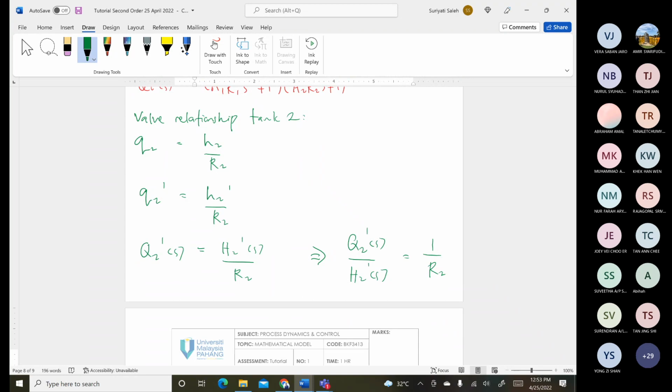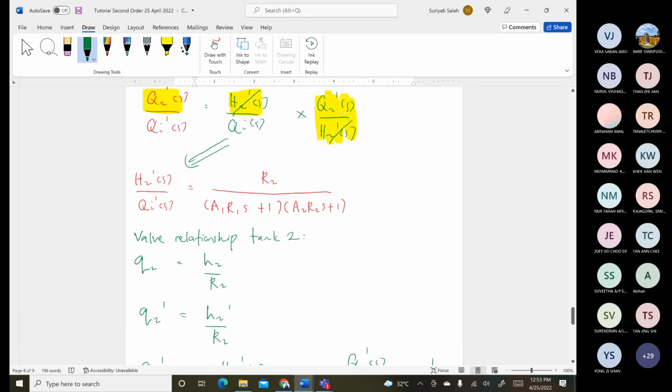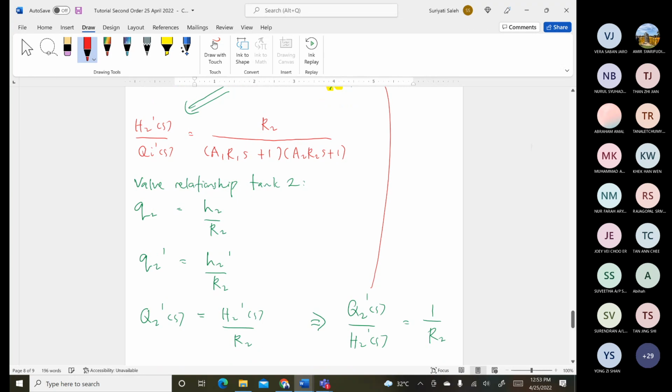So this is the valve relationship for the second tank. So once we obtain that, of course, we can substitute the value into this Q2 over H2.